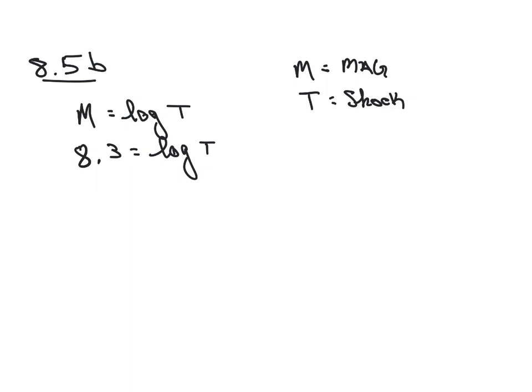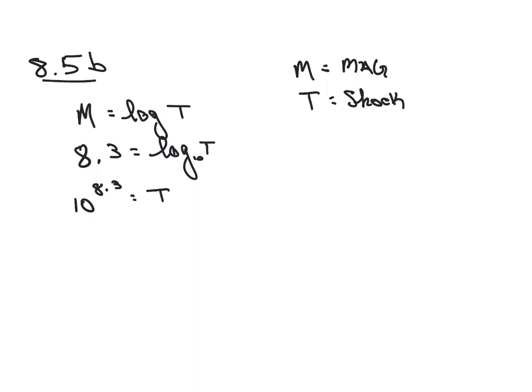So all I have to do for this one is I know that 10, which is my number there, to the 8.3 is going to give me T, my shock wave.